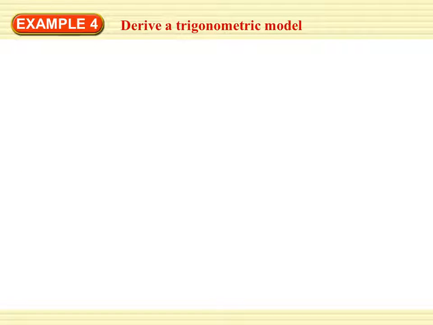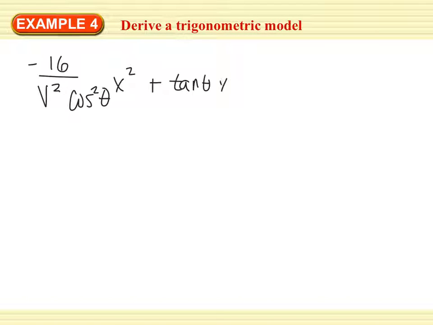Now if I look at this, we just learned on the previous slide that my equation is negative 16 over v squared cosine squared theta x squared plus tan theta x plus 0 equals 0, where we know that h sub 0 equals 0.